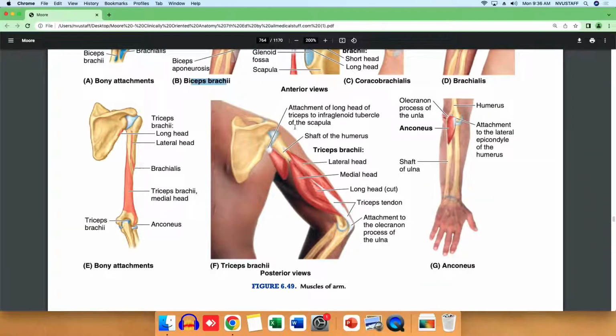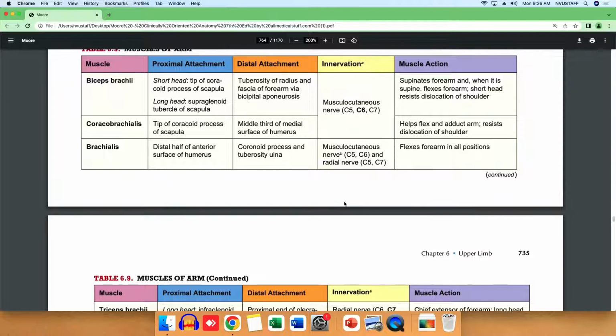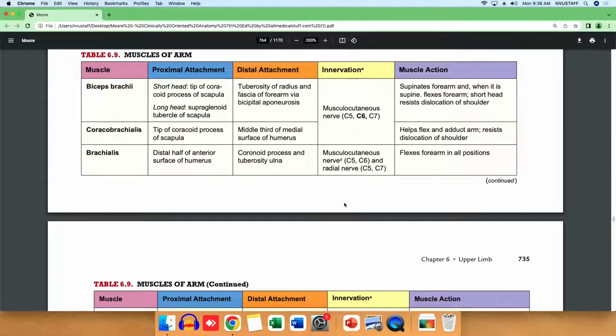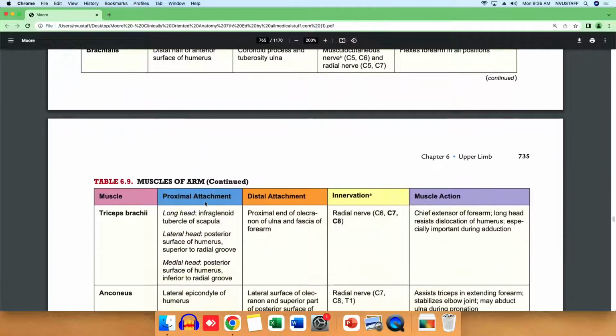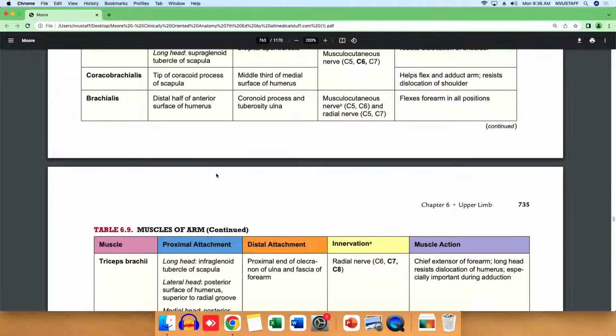That's why here in our textbook we can find, as I was telling in the previous lecture, a good table with the muscles of the arm, with the anterior compartment muscles, as you can see, and the posterior compartment muscles. So they're subdivided.